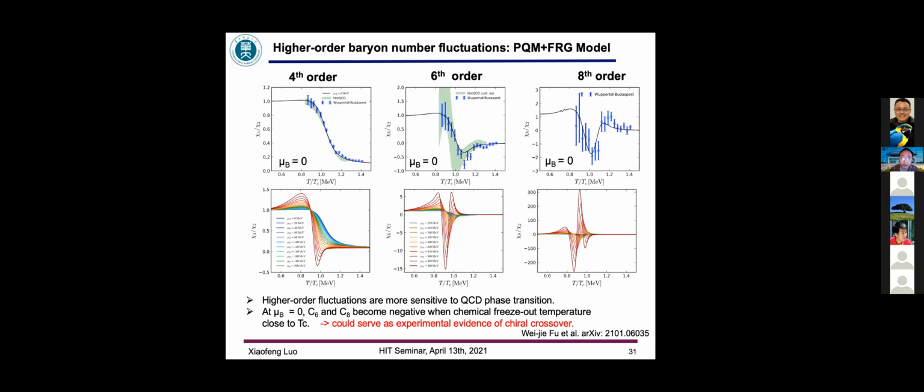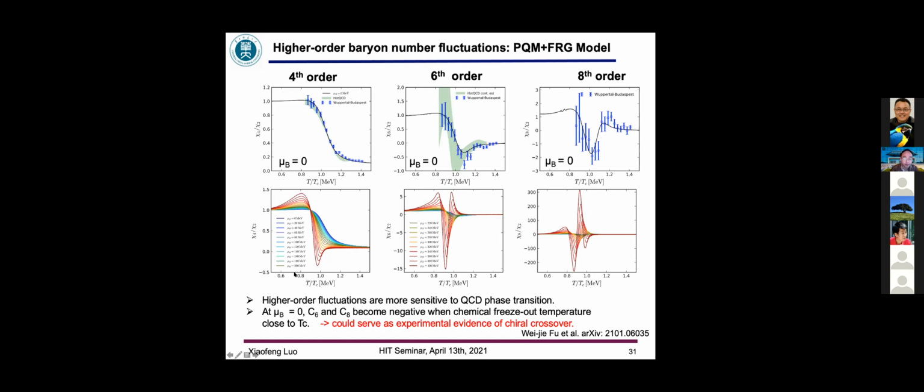And for the higher order fluctuations, you know that the higher order fluctuations are more sensitive to the QCD phase transition. The fourth order, sixth order, and eighth order, you see that the comparison from the FRG to the lattice QCD, they are pretty consistent with each other.